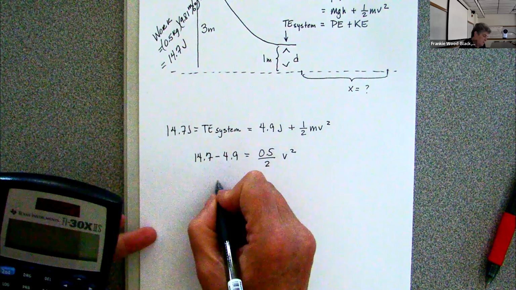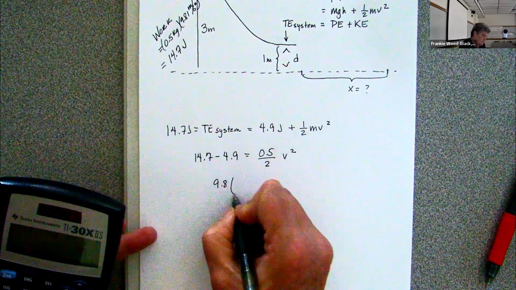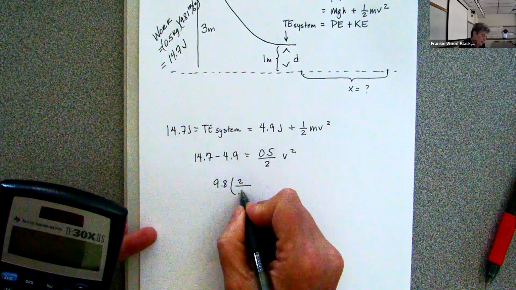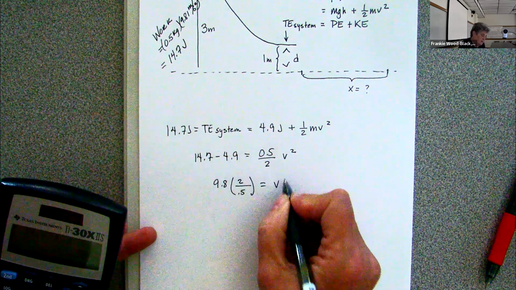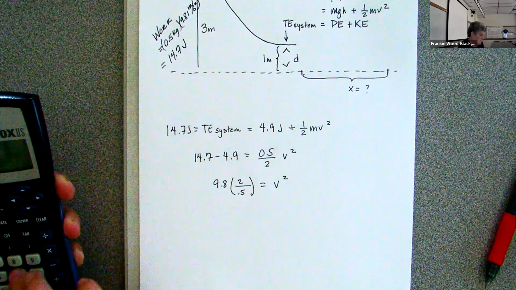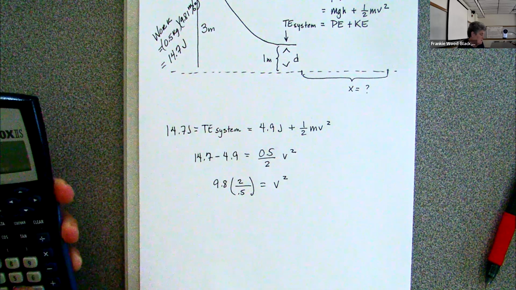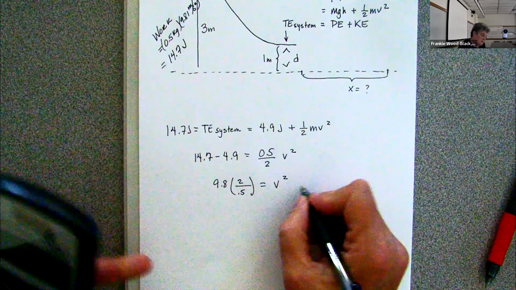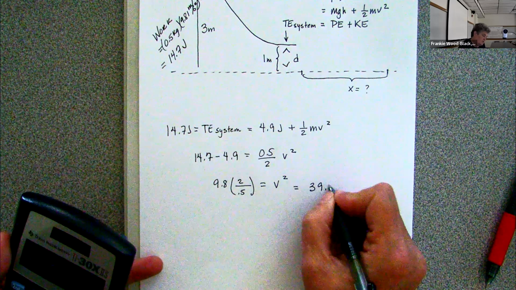That gives me 9.8 times 2 divided by 0.5 is equal to v squared, which gives me 39.2.